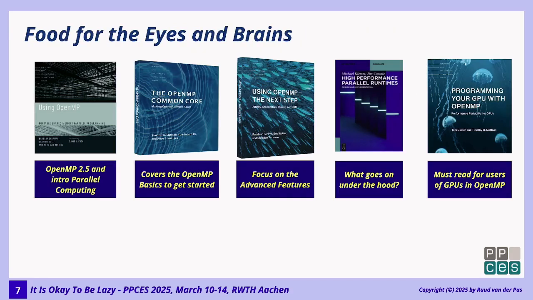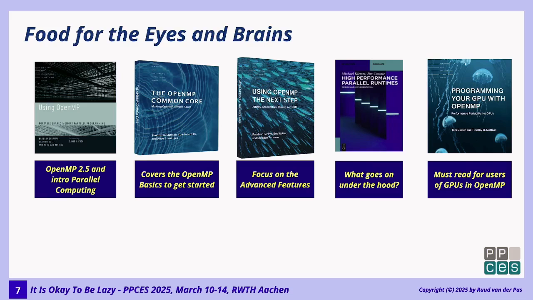Christian showed some of these books. I want to add a little bit more to it. You have them here, so I won't say much about it. One thing, this is an old book, but it's still selling, surprisingly. But it is about the basics of OpenMP. So if you really want to go to the basics, this book may help you get started.